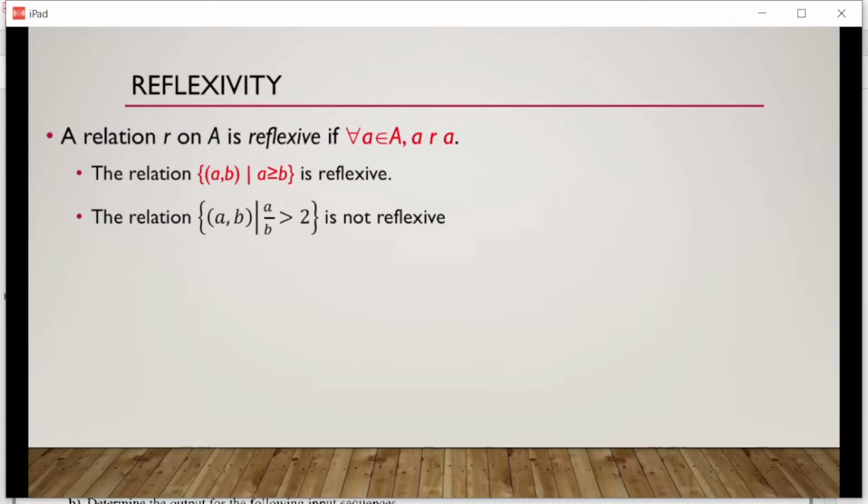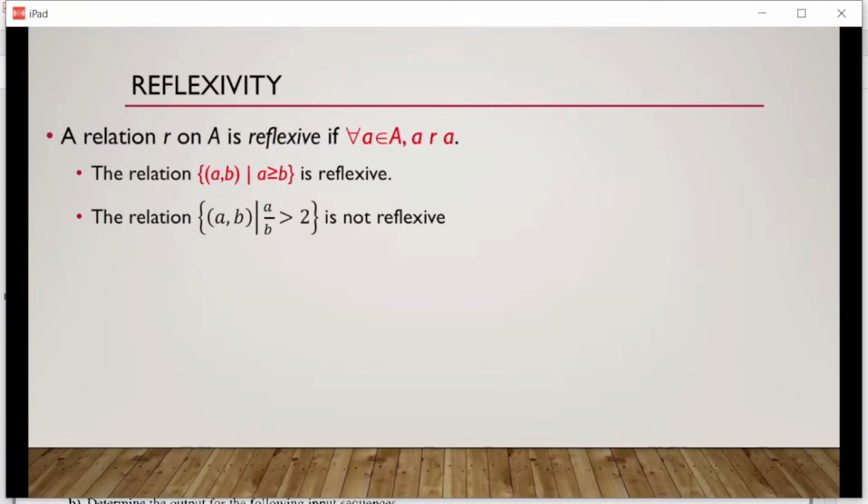It should have been a capital R, but you get the gist. So reflexive just means that everything is related to itself. So this relation, greater than or equal to, is reflexive because everything is greater than or equal to itself. It's like 3 is greater than or equal to 3, 5 is greater than or equal to 5, and so on. This relation is not reflexive.